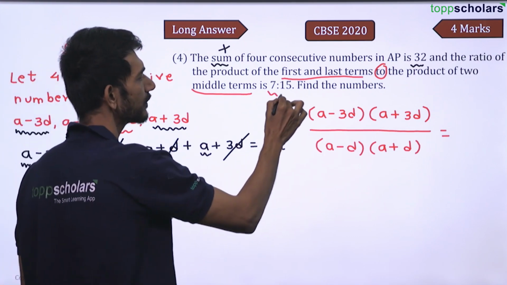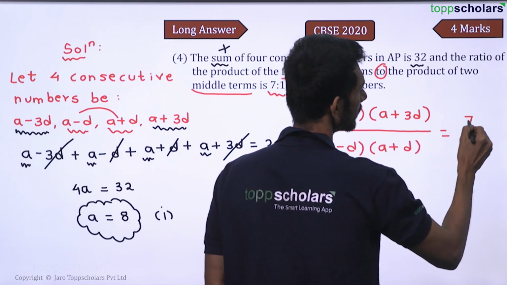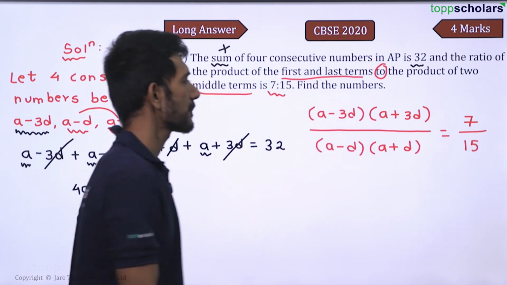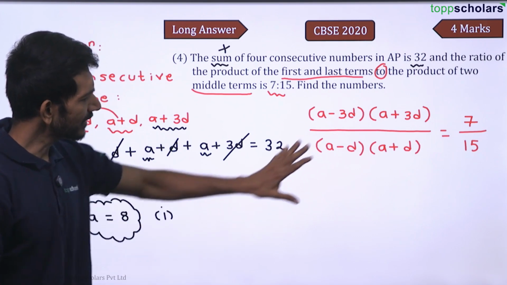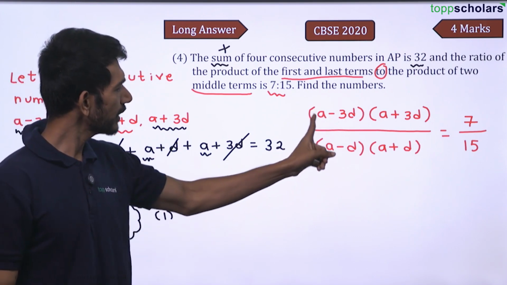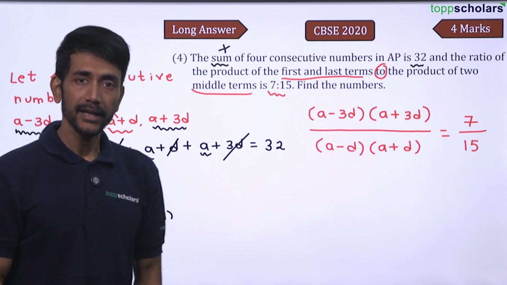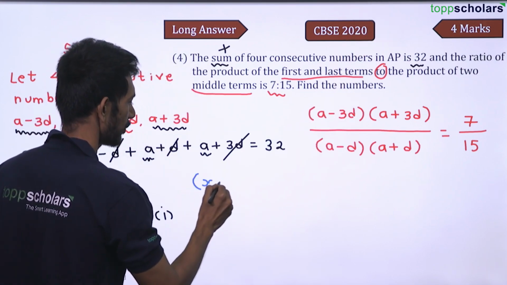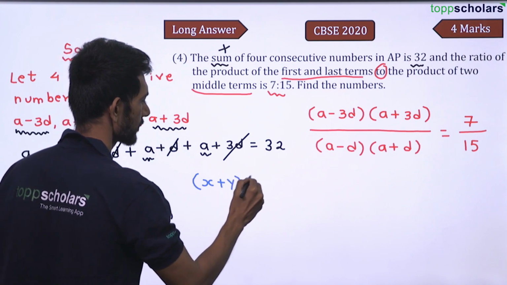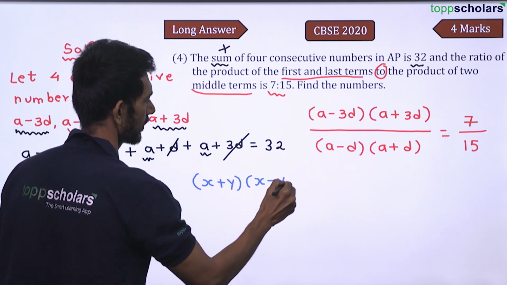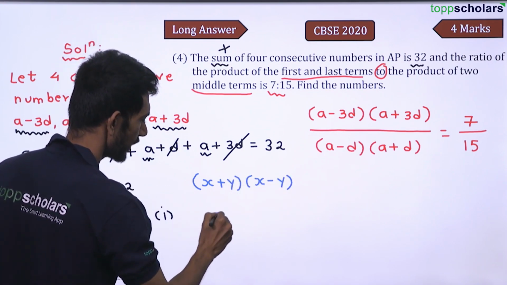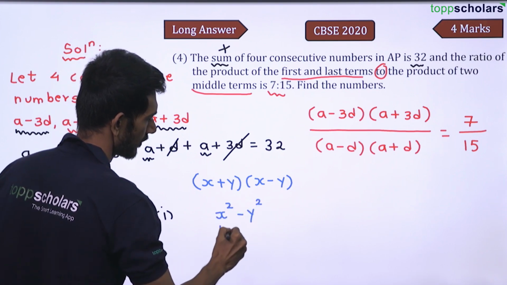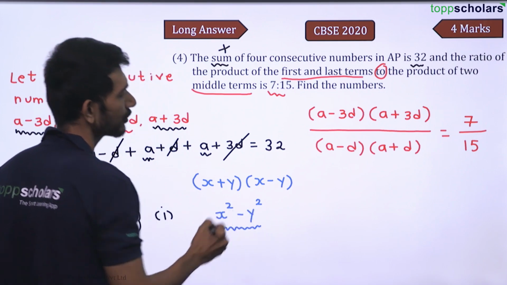Now 7:15 can be written as 7/15. Now tell me one thing, can you see a pattern here? A minus 3d, a plus 3d. Isn't this of the form x plus y into x minus y? What is x plus y into x minus y? It is x square minus y square.